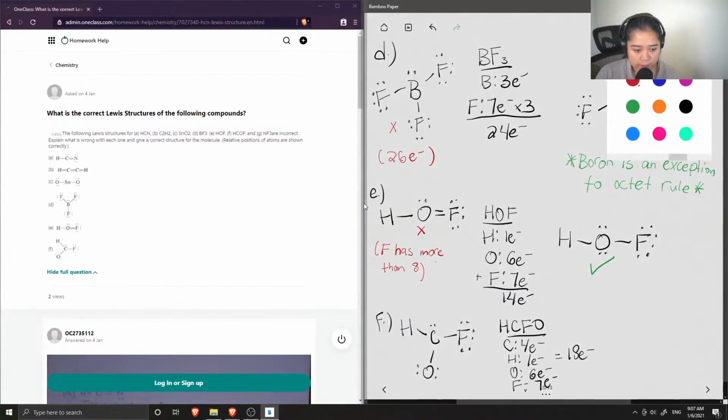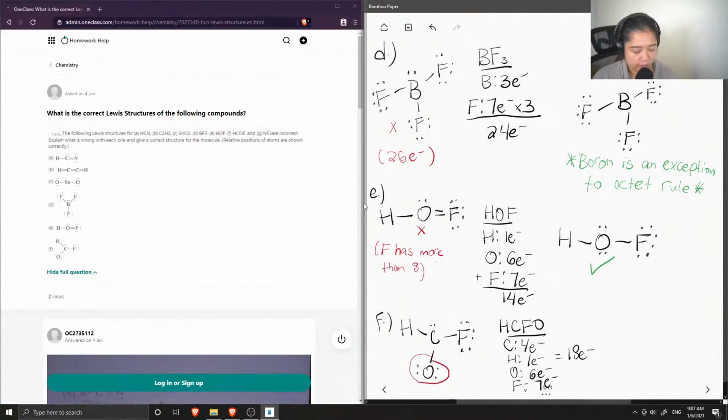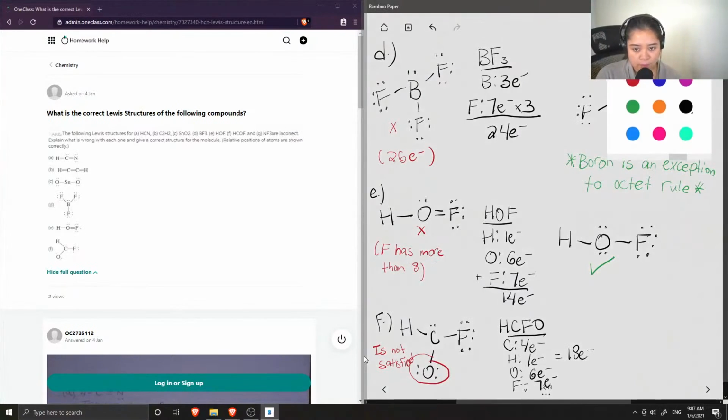If we look at the incorrect structure, everything seems fine except for the oxygen, which is not satisfied. So let's count out how many electrons are in the molecule. 1, 2, 3, 4, 5, 6, 8, 9, 10, 11, 12, 13, 14, 15, 16, 17, 18. So there's still 18.